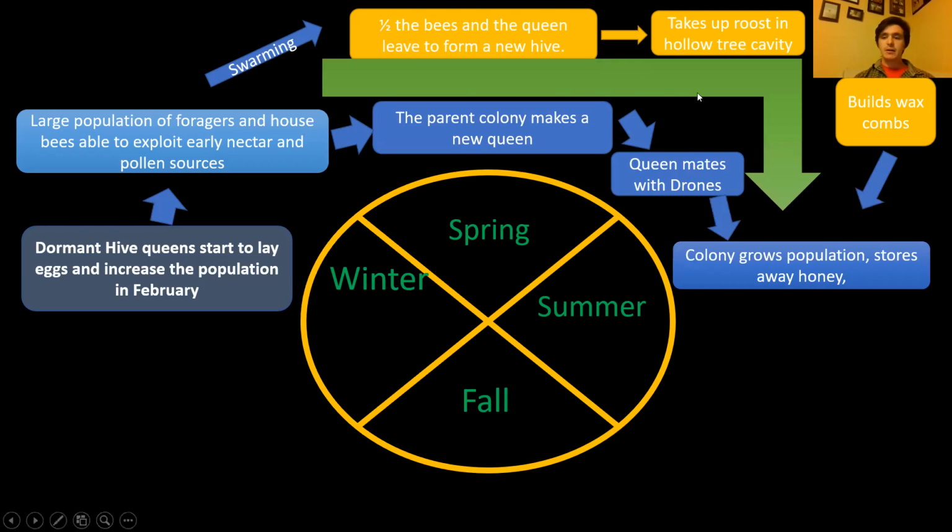So this big green arrow is cutting the line of swarming, and the colony grows in population and stores away honey. The honeybee stores about 60 pounds of honey for their own calorie consumption over the winter. And then in New Jersey, we can make about 60 pounds of honey per hive for our consumption. So what they really make is about 120 pounds.